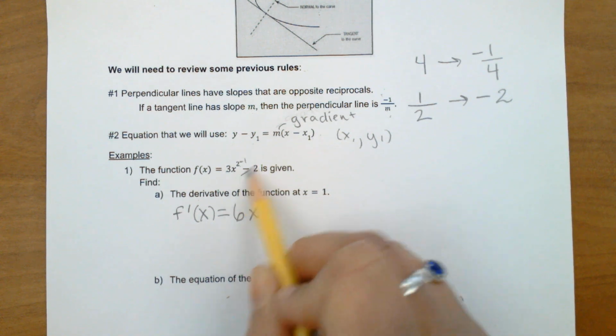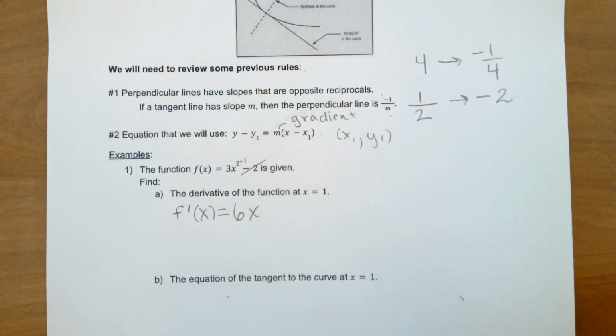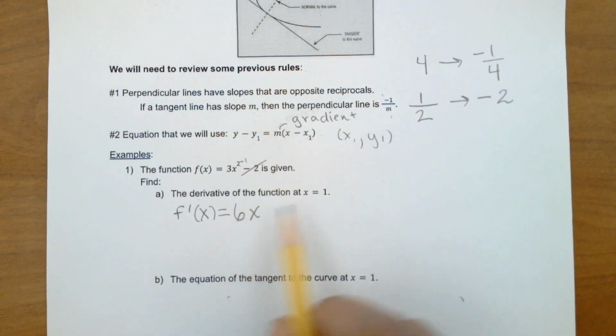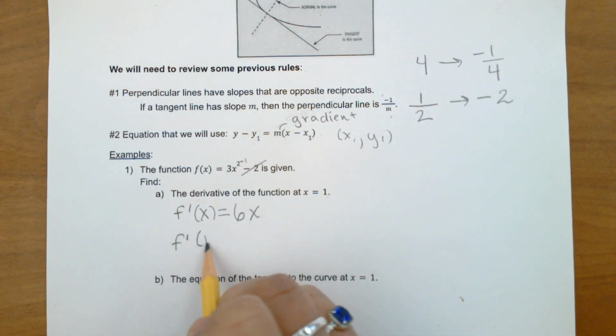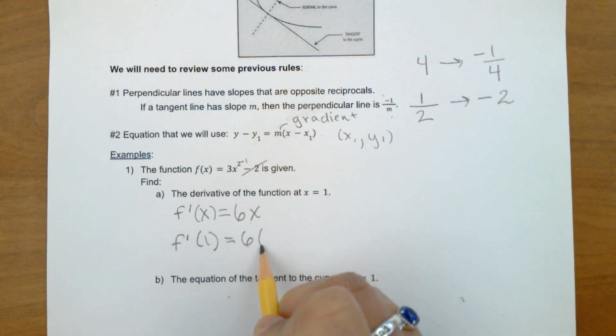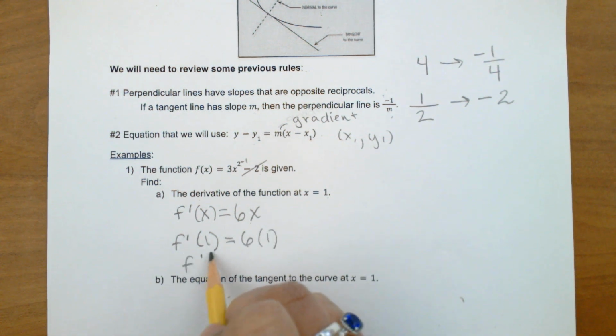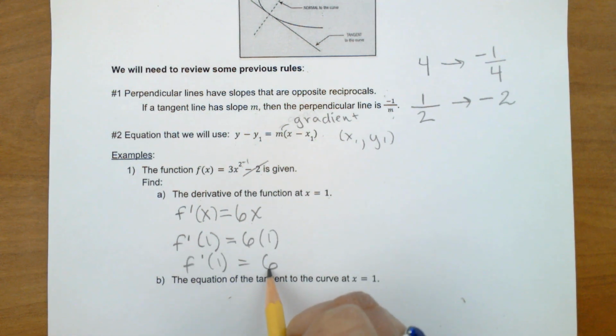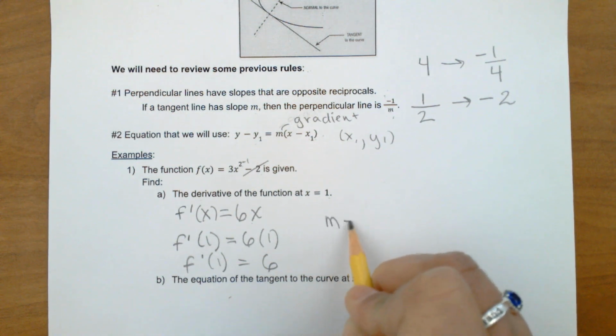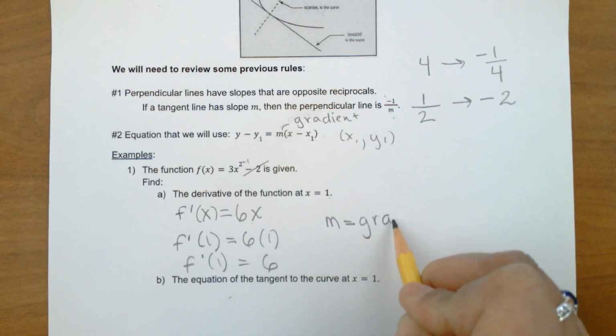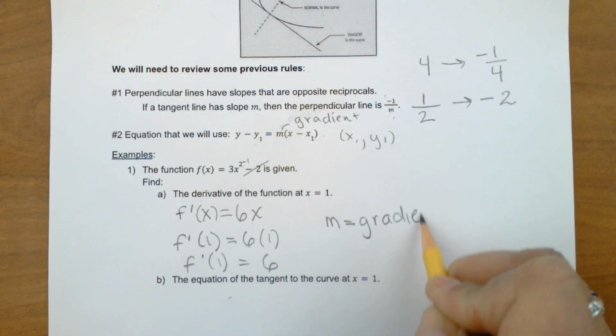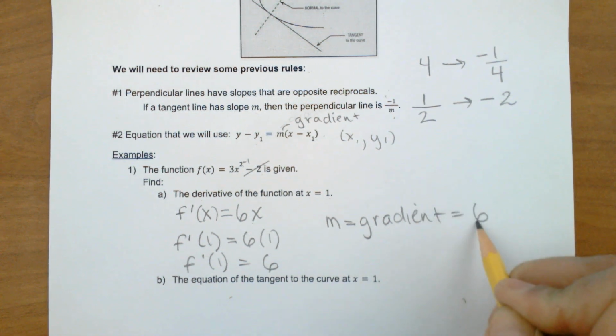This doesn't have an x, it's constant, so that just drops out. Now, after we take the derivative, we're going to have to input 1 into the function. So f prime of 1 equals 6 times 1, so f prime of 1 equals 6. So this is going to be our m, because remember, our m is our gradient, so our gradient is 6.